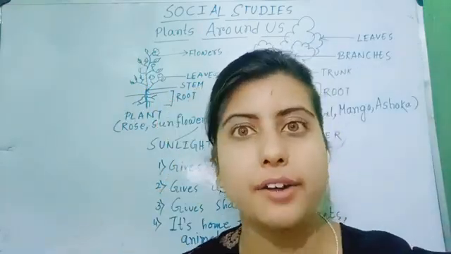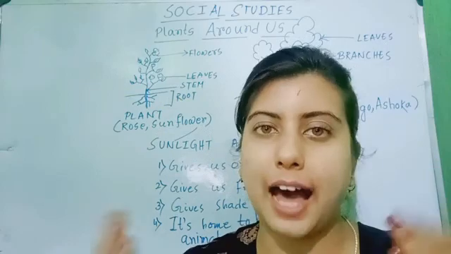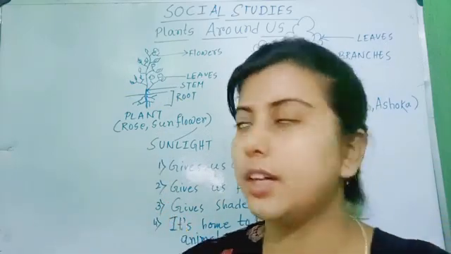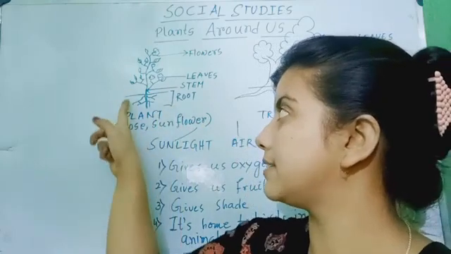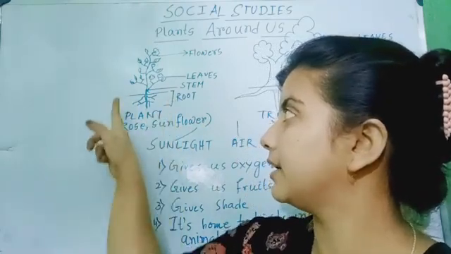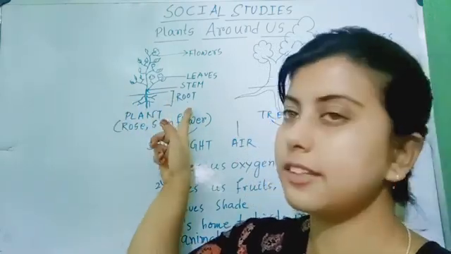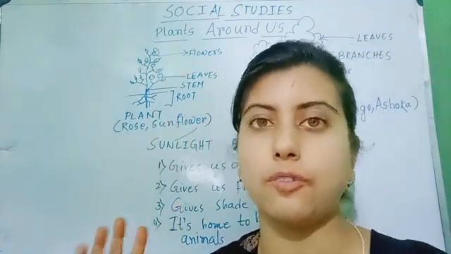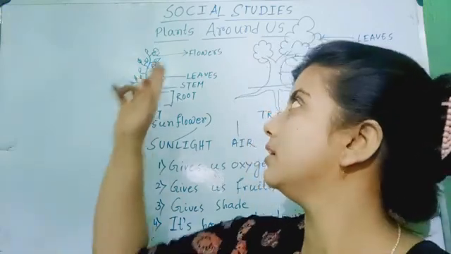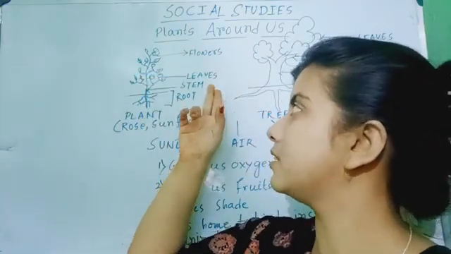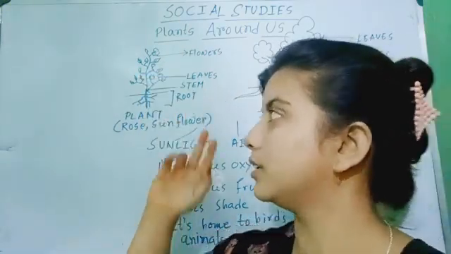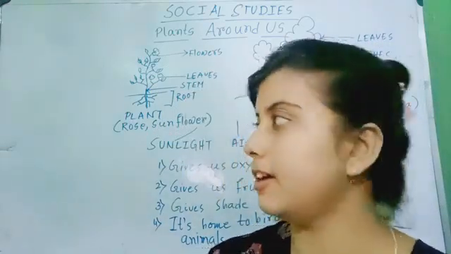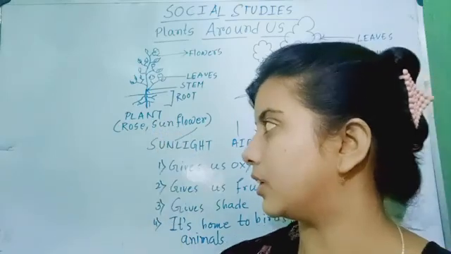And the part of plant that is hiding beneath the soil is called the root. This is under the soil. This is called root. So the different parts of plants are flowers, leaves, stem, root. And the examples of plant are rose, sunflower.